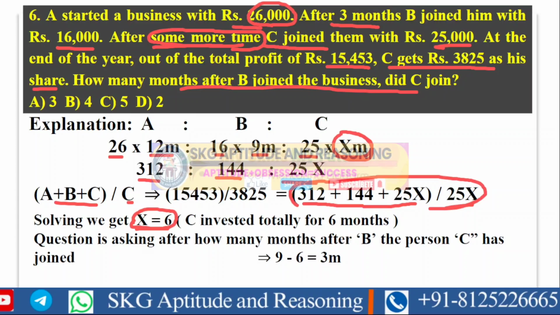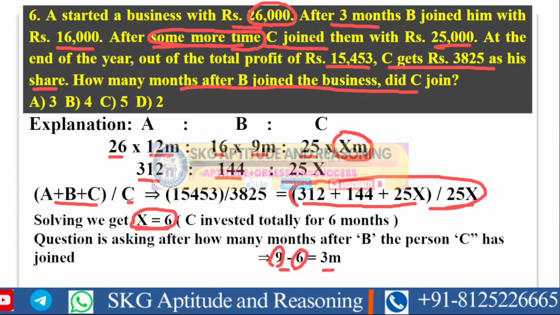The question asks us to find how many months after the joining of B did C join the business. B was in the business only for 9 months, and C was in the business only for 6 months. So what is the gap between B and C?